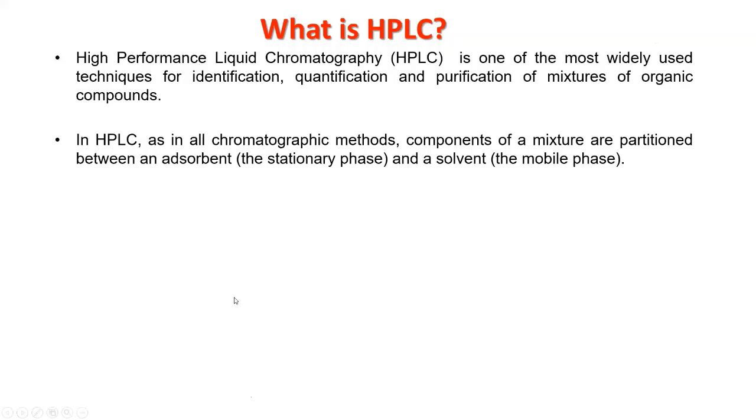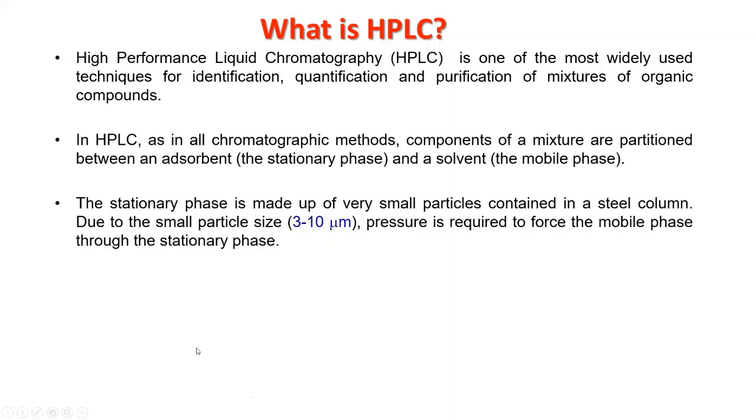Now in HPLC, like other chromatographic methods, components of a mixture are partitioned between an adsorbent stationary phase and a solvent mobile phase. So it is just like column chromatography, but it is an advanced technique. It also has the stationary phase and the mobile phase.